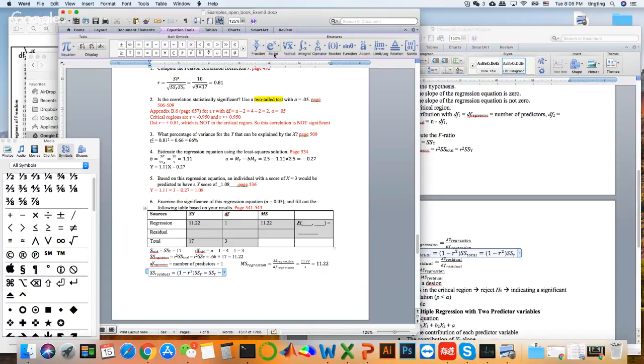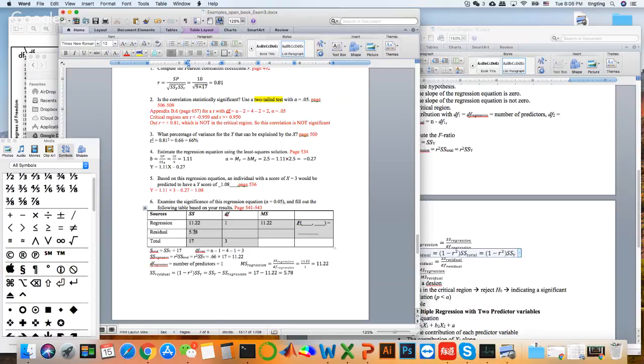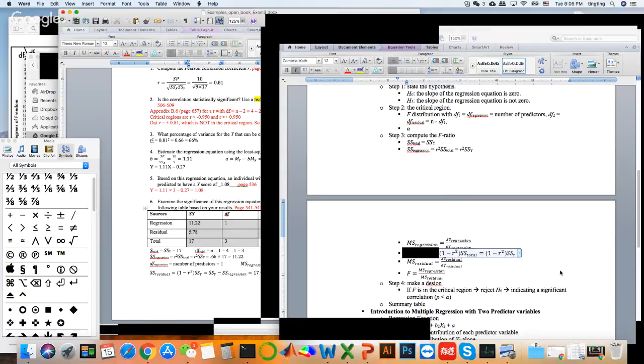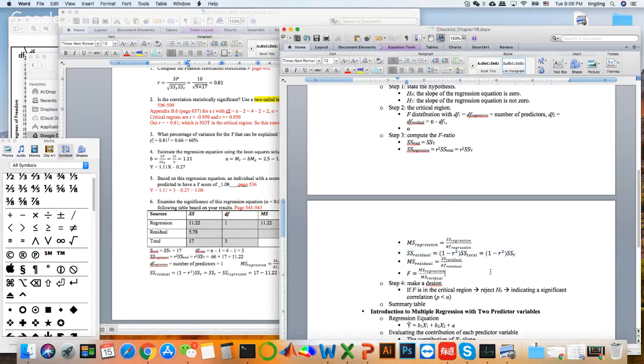You just need your answer, right? You don't need to write down a lot of formulas if you are very confident about your answer. And its degrees of freedom here.